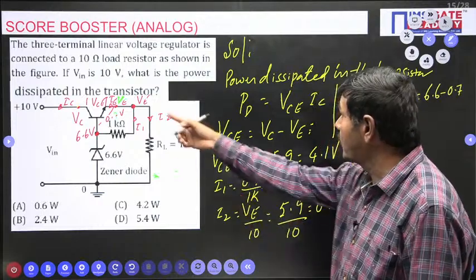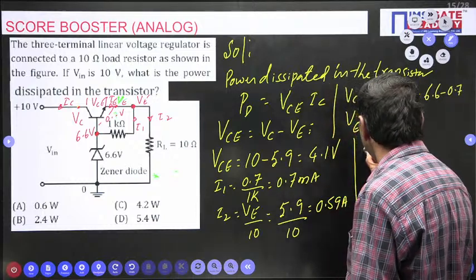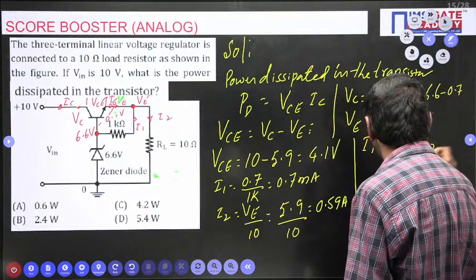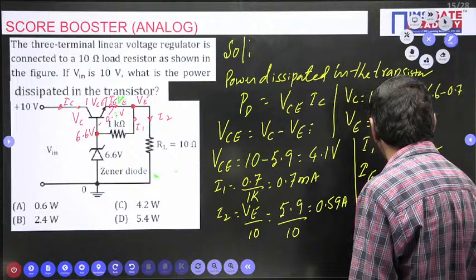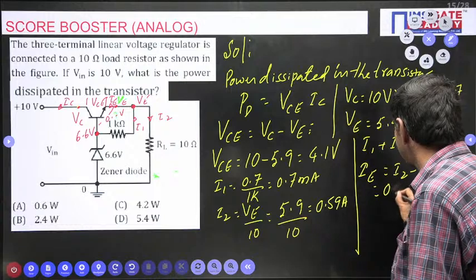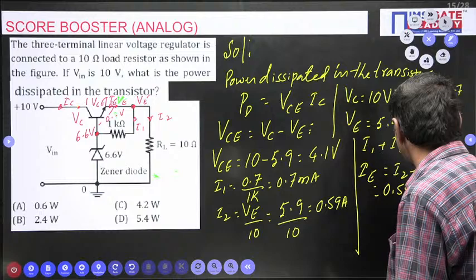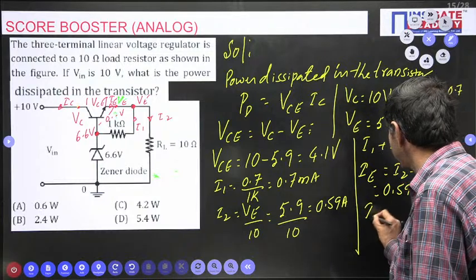Now I can determine IE. I1 plus IE equals I2, so IE is I2 minus I1. I2 is 0.59 and I1 is 0.7 milliamperes. What is IE?